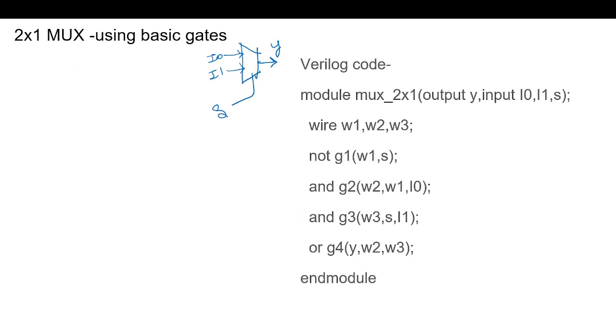So for this, we will be having 2 inputs, 1 select line, and 1 output. Looking at the truth table, if the select is 0, I will be selecting I0, and if it is 1, I will be selecting I1.